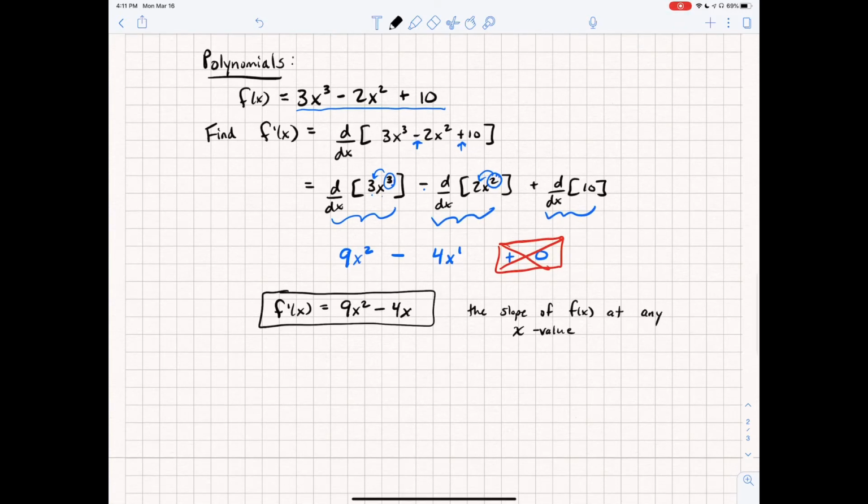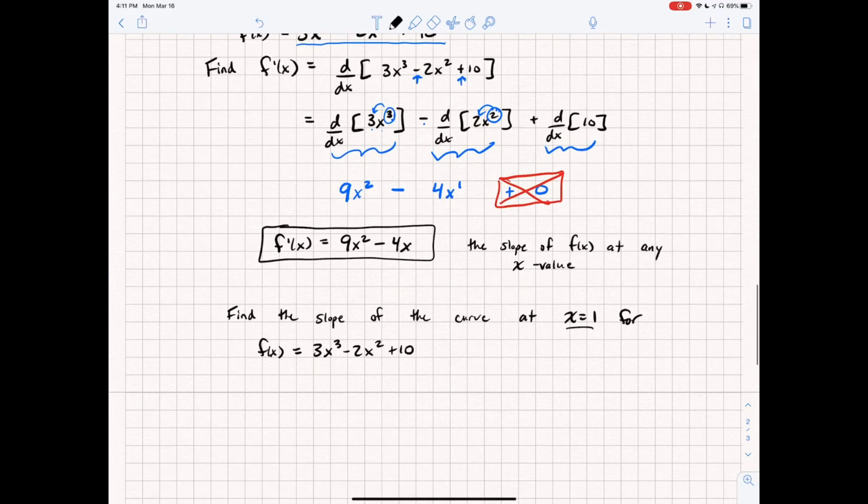So let's just say, for example, I want to find the slope of the curve at x is equal to 1. So just a simple value here for f of x is equal to 3x to the 3rd minus 2x squared plus 10. So the function that we were just looking at.